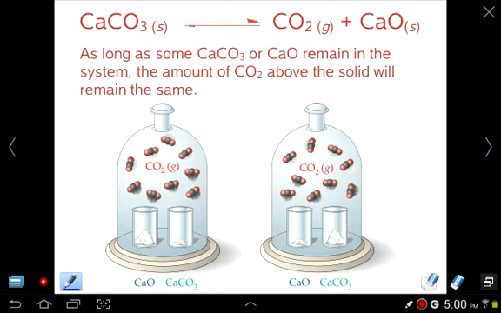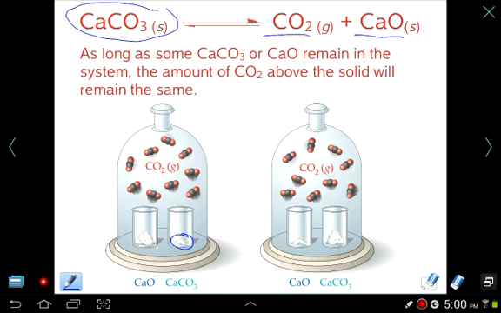And another example of this, this is kind of a visual reaction example. We have calcium carbonate as our solid. Here we have it in the right little beaker. And what happens is that calcium carbonate produces CO2 gas along with some calcium oxide solid.